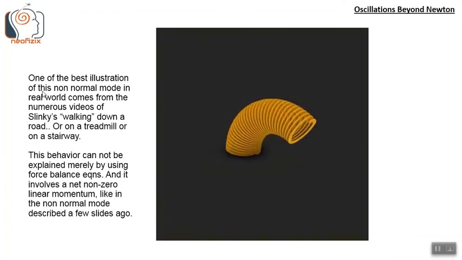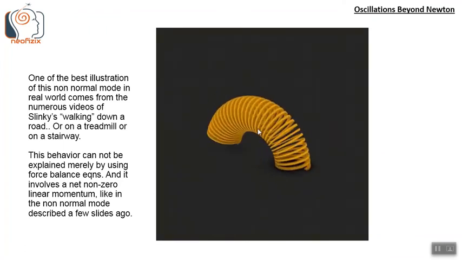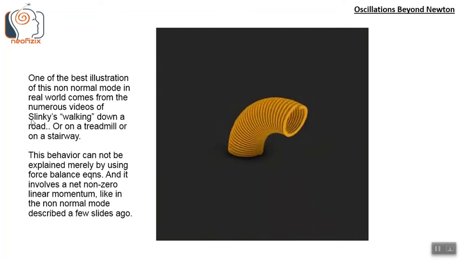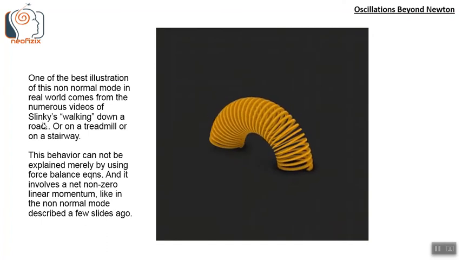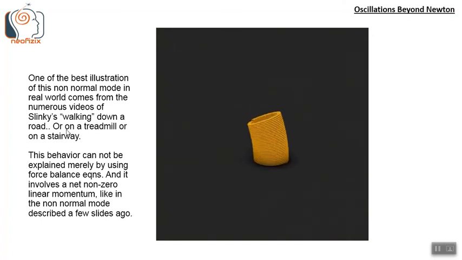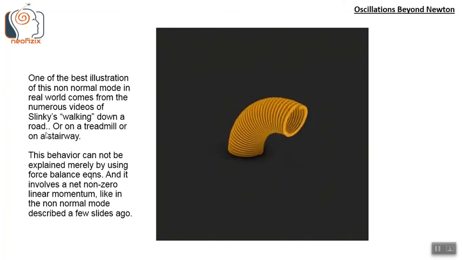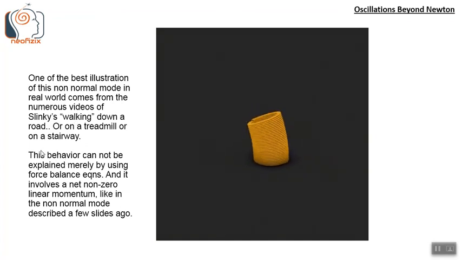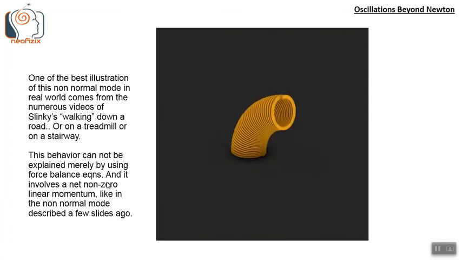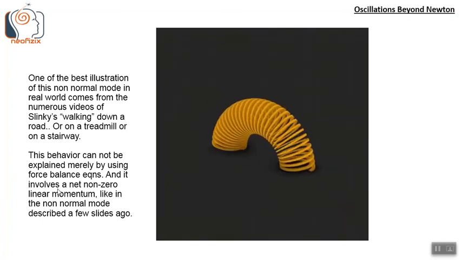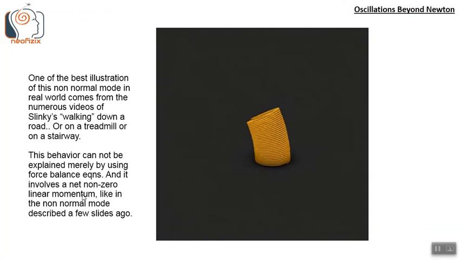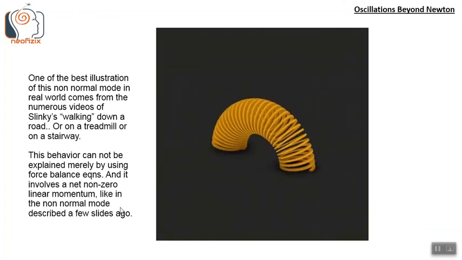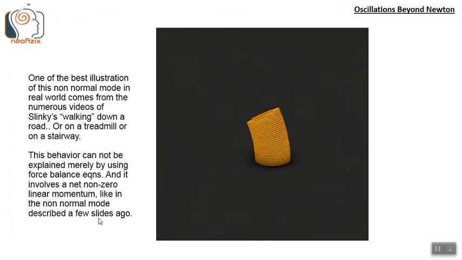One of the best illustrations of this non-normal mode in the real world comes from the numerous videos of Slinkies walking down a road, or down a treadmill, or down a stairway, etc. This behavior cannot be explained merely by using force balance equations, and it involves a net non-zero linear momentum, like in the non-normal mode that we discussed a few slides ago.